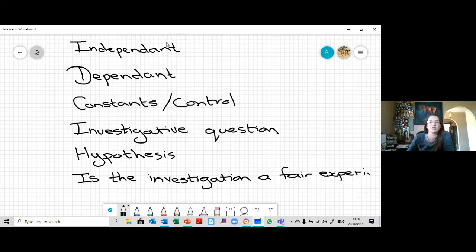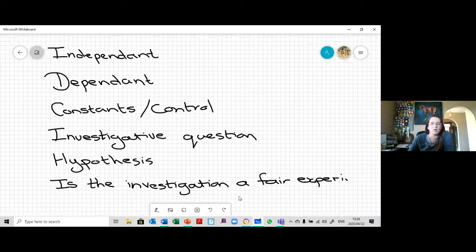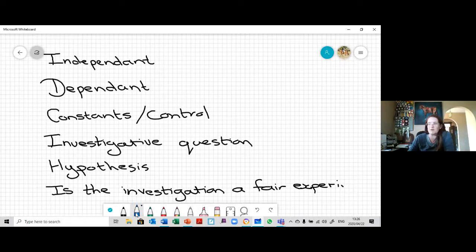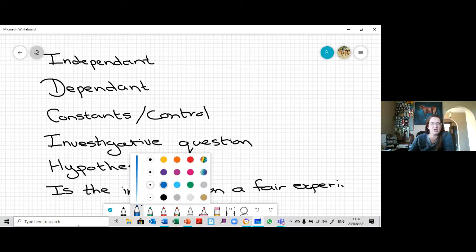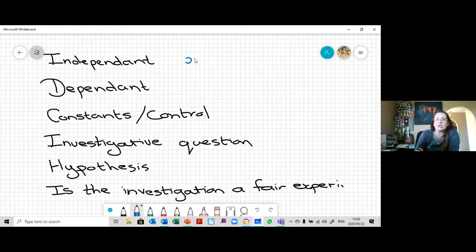Okay, so let me run you through my thinking process whenever I'm dealing with the words that we see in front of us. Now, if you have a graph, oh man, they give us graphs? Yes, they do. If you have a graph, then your independent will be on the x, the horizontal.